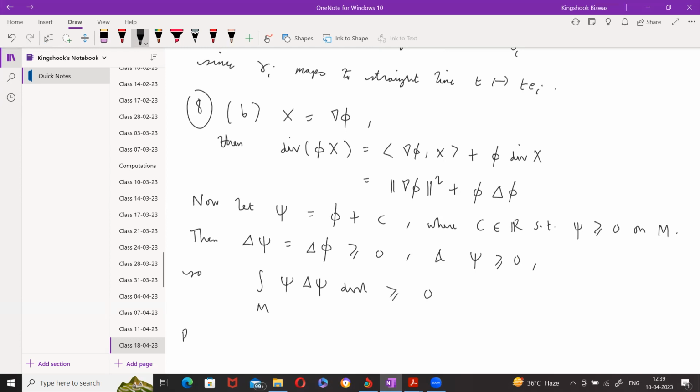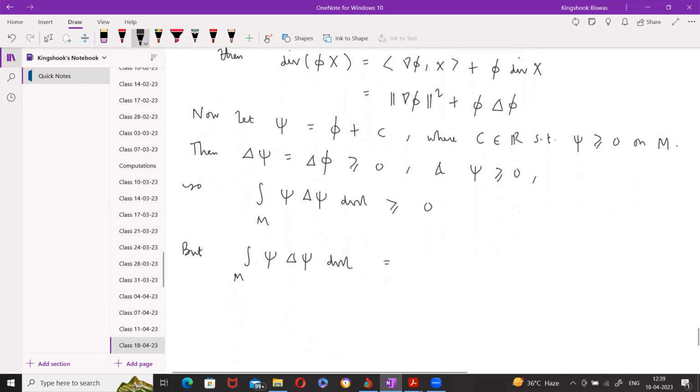But this integral of psi Laplacian psi dvol, if I use this formula here, is equal to the integral over M of divergence of psi grad psi minus norm of grad psi squared.